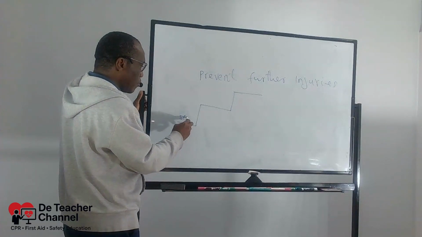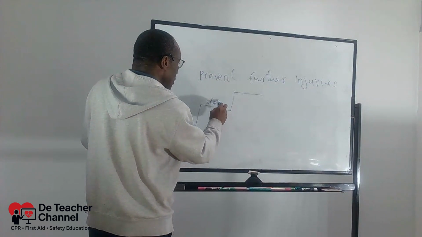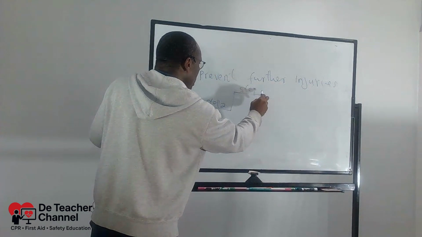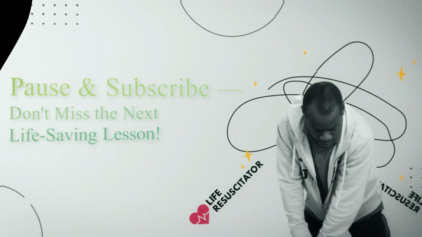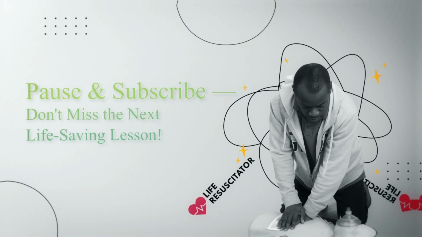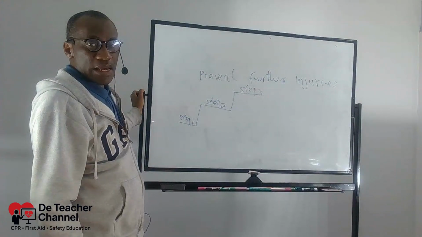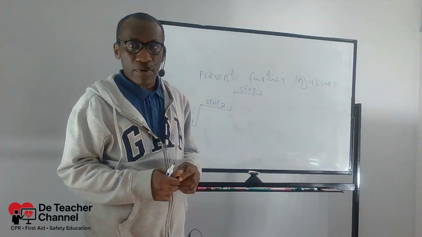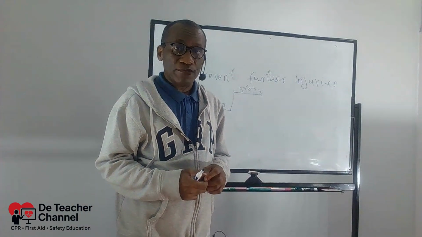So this is step 1 here, and then step 2 here, and then it goes all the way, and then it continues. So the situation can escalate, it can aggravate, it can progress, it can move to the next one.